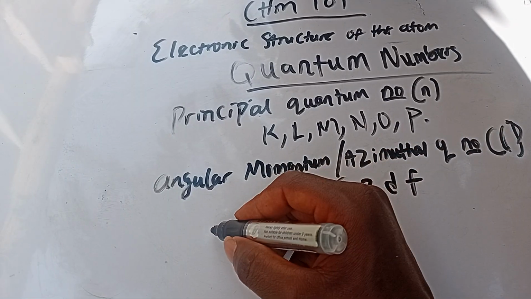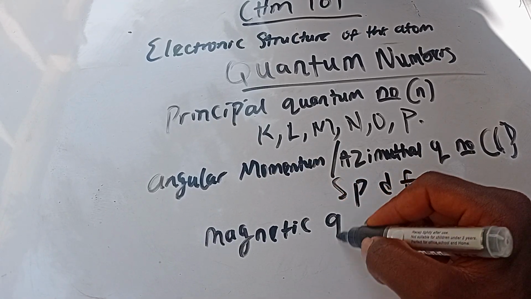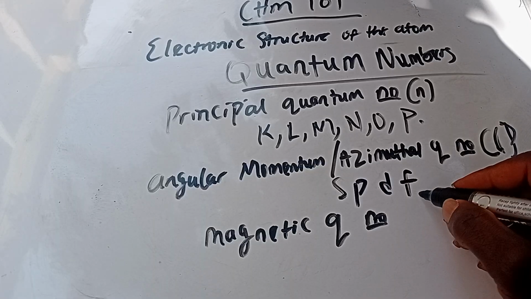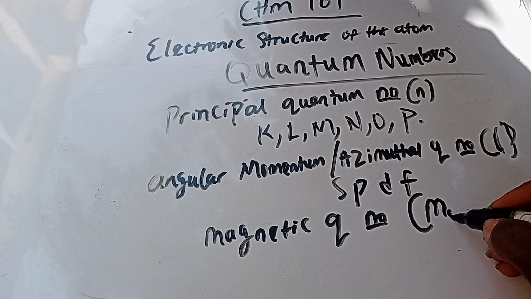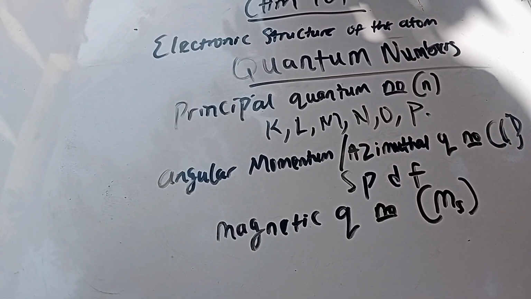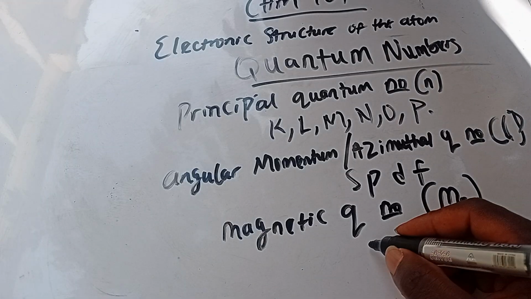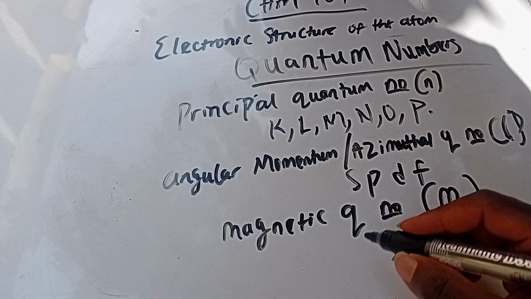Now we also have the magnetic quantum number. That's m. This one is talking about orbitals. You can have s orbital, p orbitals.